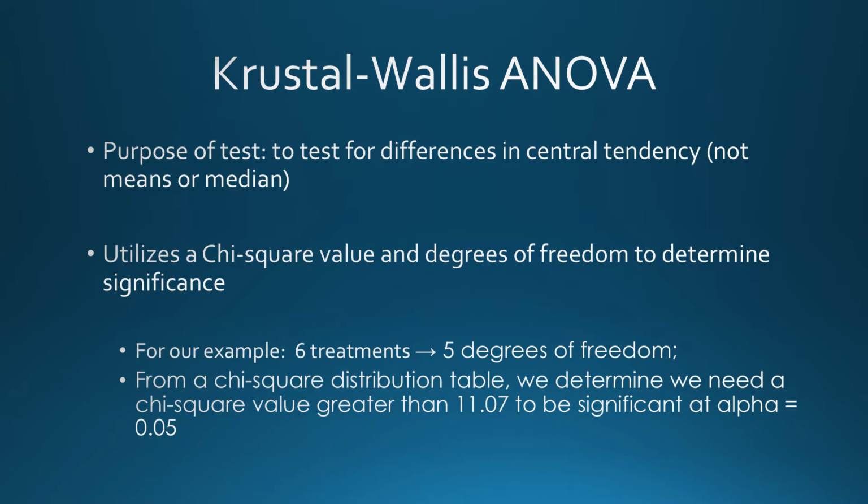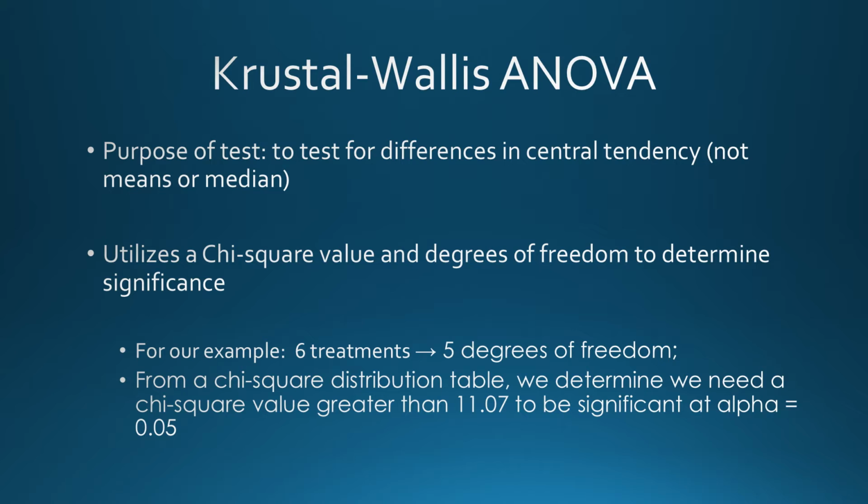The purpose of the test is to test for differences in central tendency. So unlike with parametric, we're not looking at means or median when we use Kruskal-Wallis. This utilizes a chi-square value and degrees of freedom to determine significance.